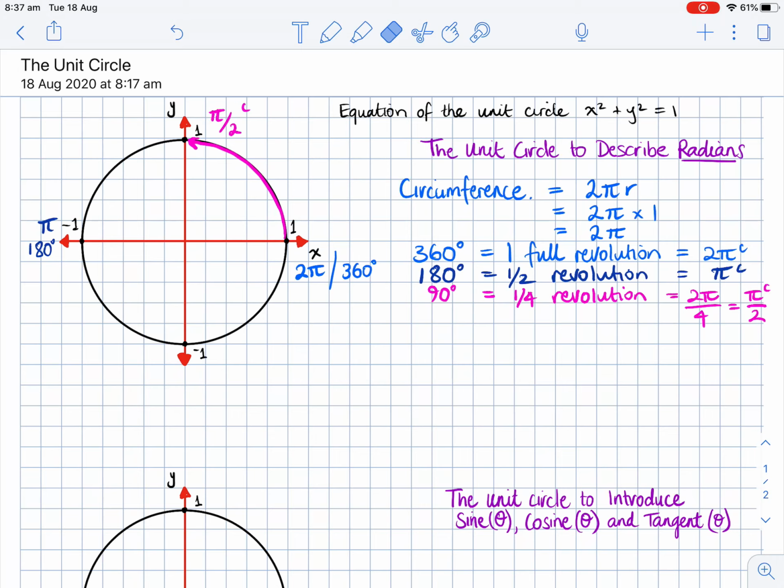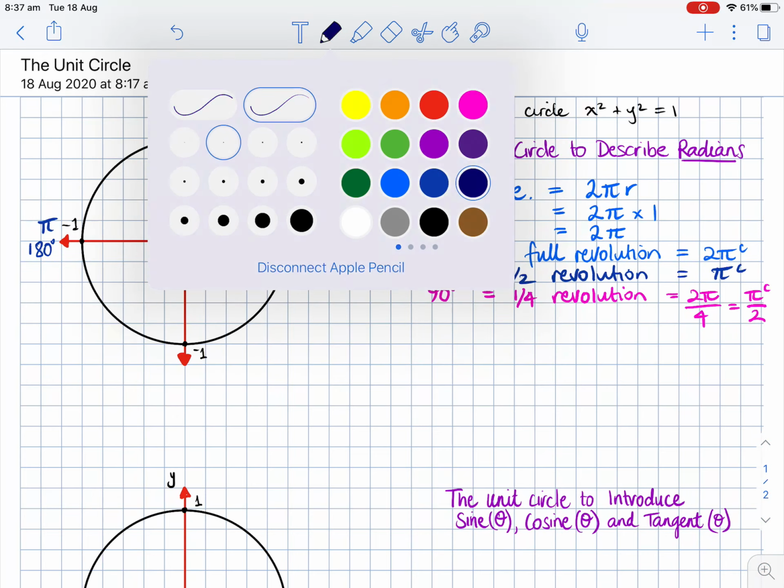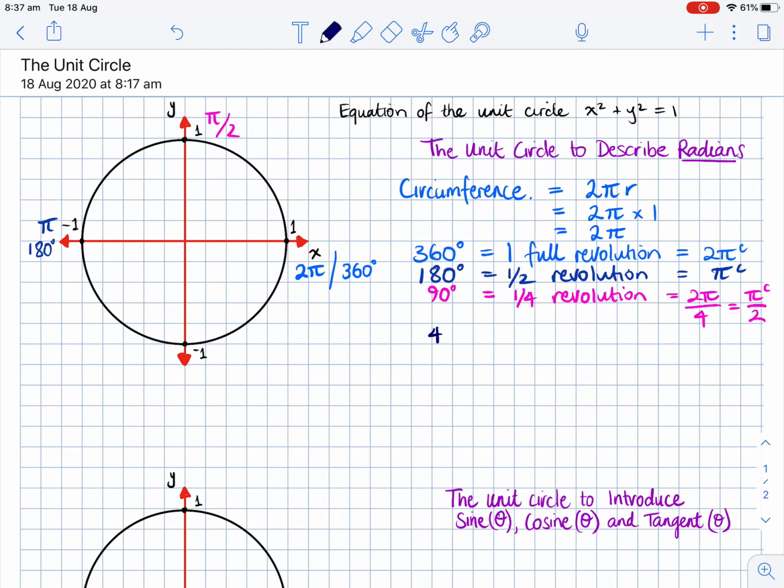Okay, so let's go a little bit further now. I should have kept that pi on 2 there, I'll just keep the pi on 2. I can continue and start breaking up all of these angles. I can have that 45 degrees. Well, that's half of 90 degrees, so if I halve a half, that would give me pi on 4.